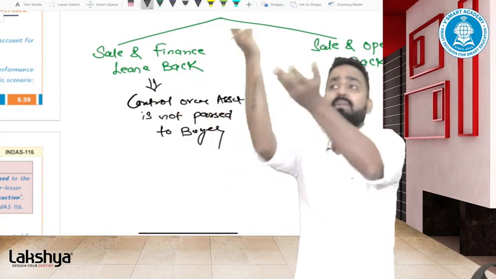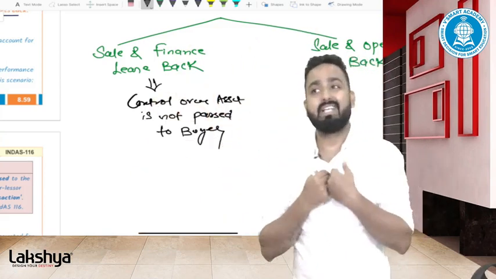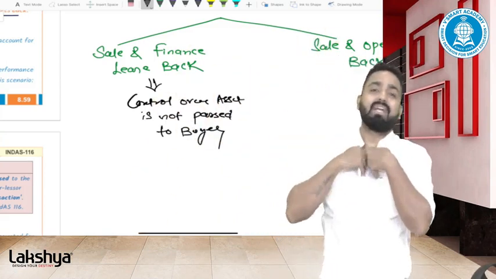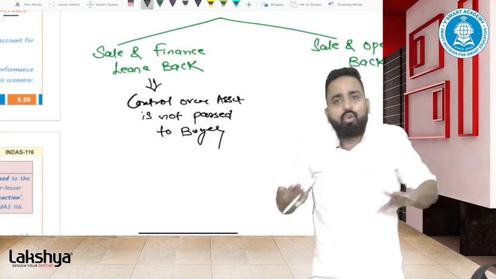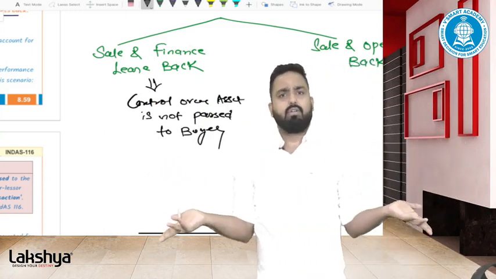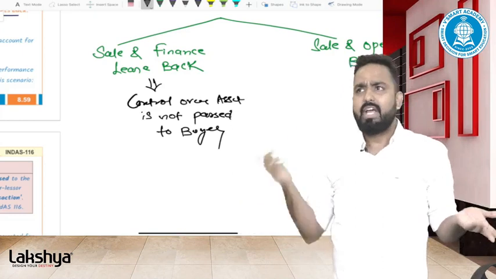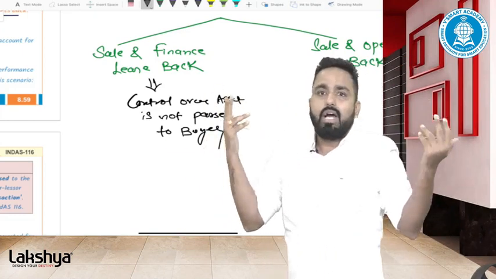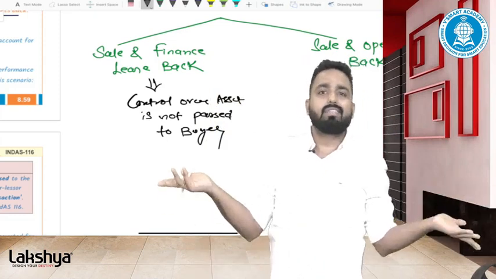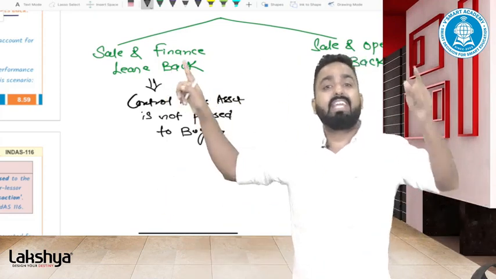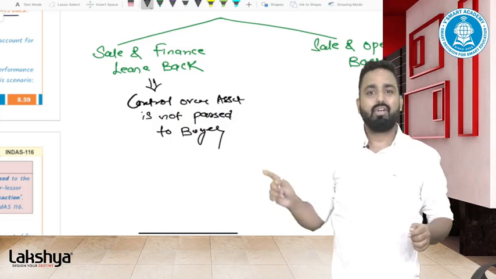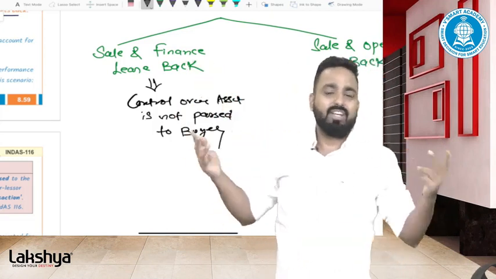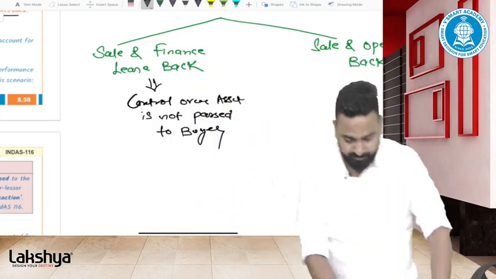But at the same time, I am taking back my asset on finance lease. That means all substantial risk and rewards I am getting again. So technically the control over the asset is not passed. It is simply a loan transaction. I should not de-recognize the asset from my books while selling, because it is not a sale.